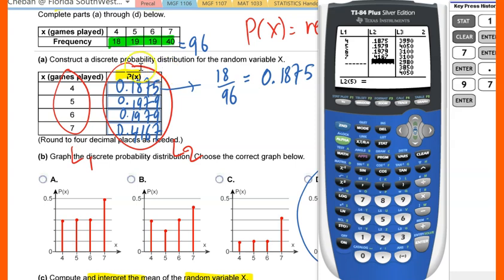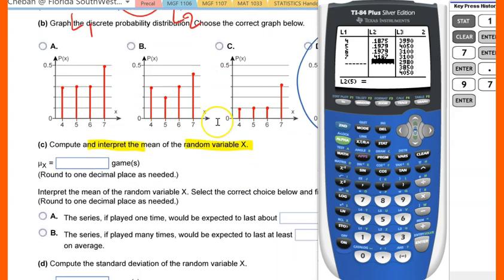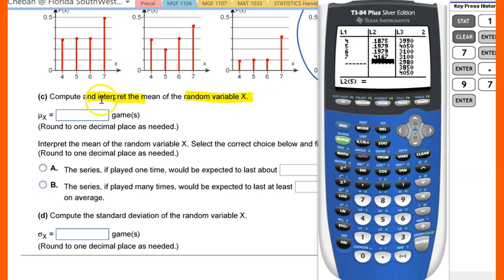I put this data in the calculator. To find the mean of the random variable, you also have to find the standard deviation, and you do both at the same time.